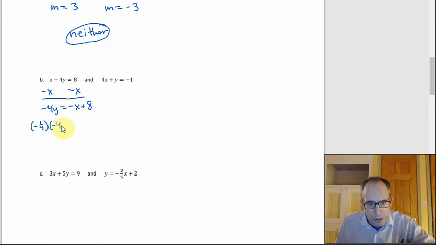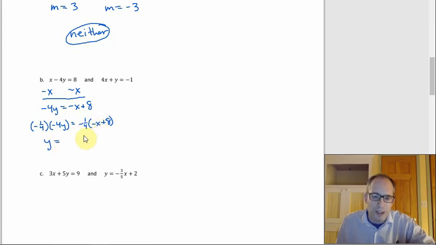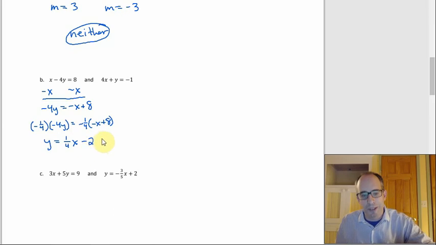So negative 1/4 times negative 4y equals negative 1/4 times negative x plus 8. So then we're going to have that y is equal to, negative 1/4 times a negative 1 would be 1/4. So 1/4 x and then minus 2, right? Negative 1/4 times 8 will give you that minus 2.